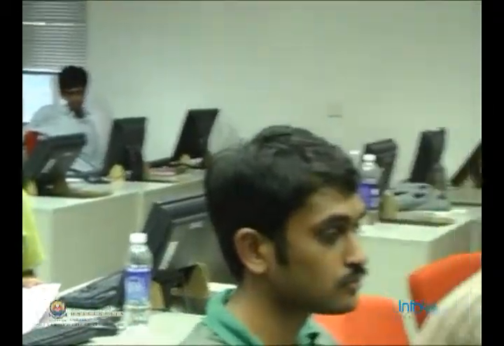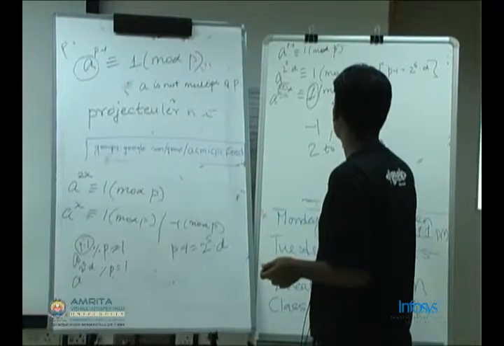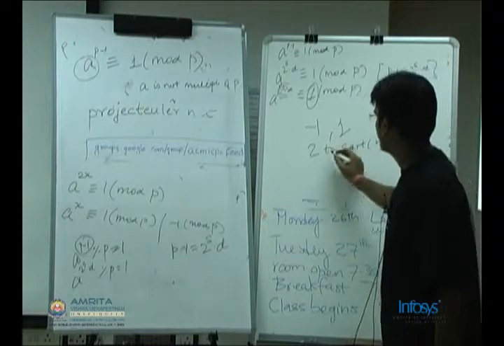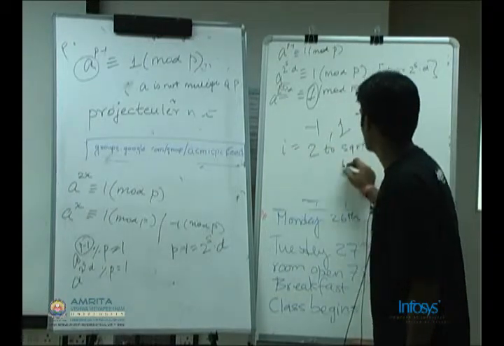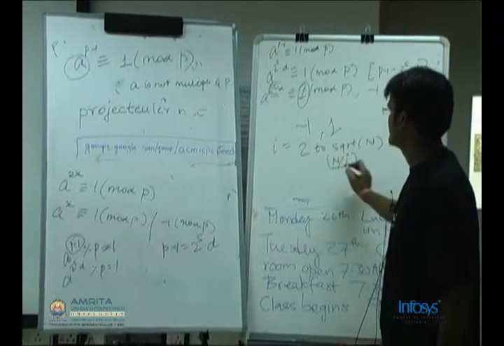You can do one optimization. You can skip calculating all primes. You can in fact have a direct loop from 2 to square root of n, and let's say if this is a loop for i, you can keep dividing n by i as long as it's divisible.